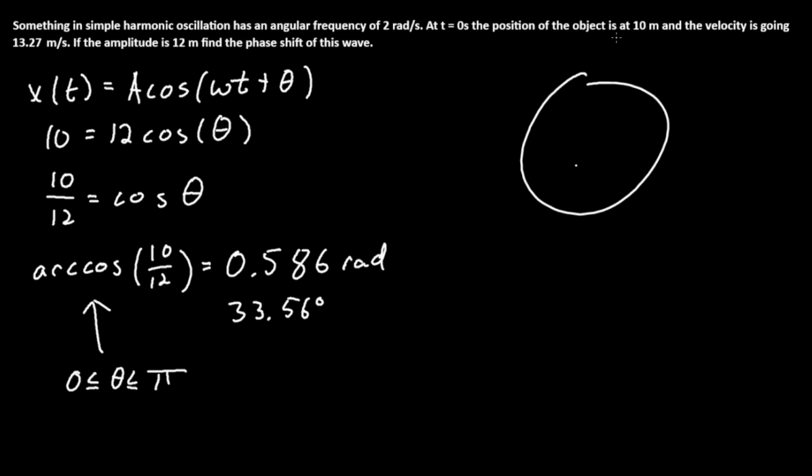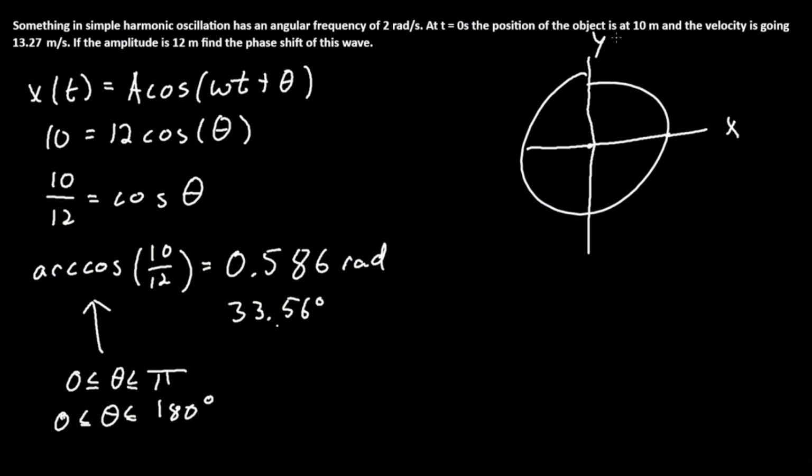So if you have a unit circle, arc cosine can only output the angles on this side, the top half of your unit circle. And let's say this is the y-axis and this is the x-axis. Or if you want this in degrees, it's also limited from 0 to 180 degrees.